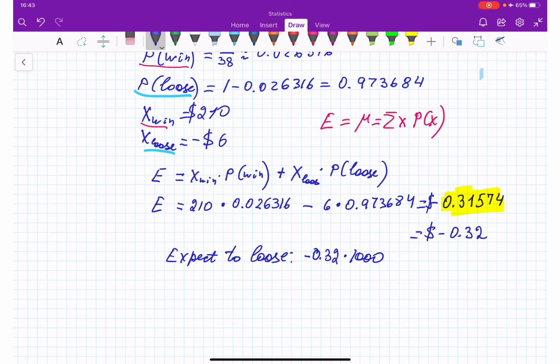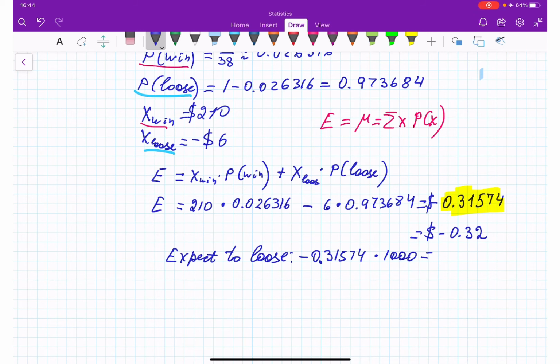Or instead of approximately 0.32, I can write negative 0.31574 times 1,000.